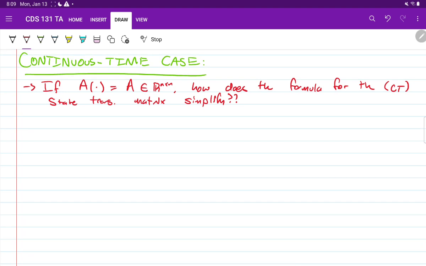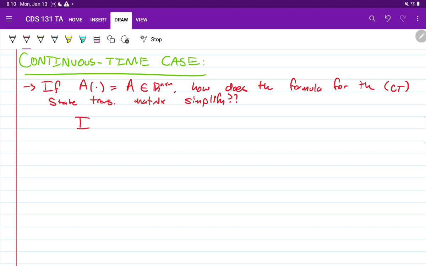Okay. Well, we know we can calculate the state transition matrix in general using the Peano-Baker series, right? So I'm just going to take in a constant matrix A, plug it into this Peano-Baker series, and see how this problem simplifies. All right?